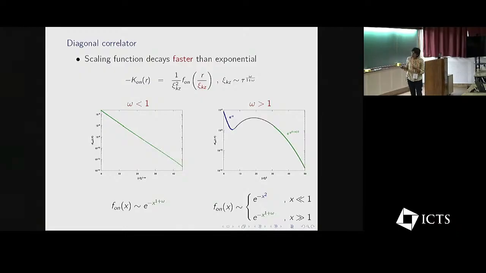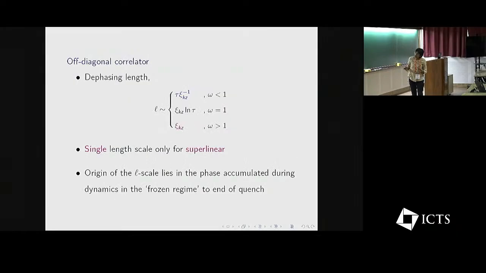For superlinear quenches, the tail has the same behavior, but at short distances, it's a Gaussian. For the off-diagonal correlator, there is an additional, new length scale, which is non-KZ, for sublinear and linear quenches. For superlinear quenches, you can describe the whole thing with just the KZ length scale.